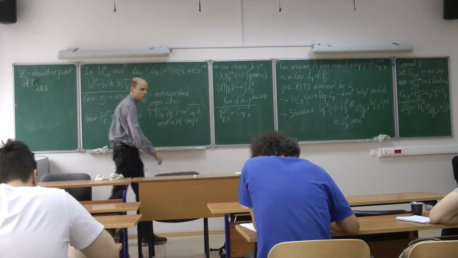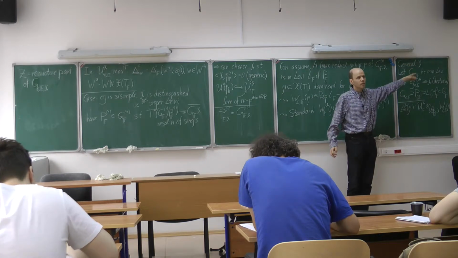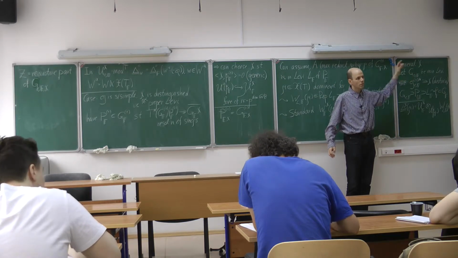Okay? So I take this minimal Levi containing chi, and then I take the centralizer in that Levi.